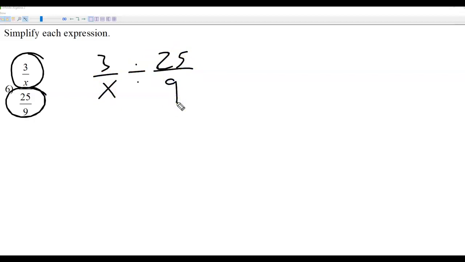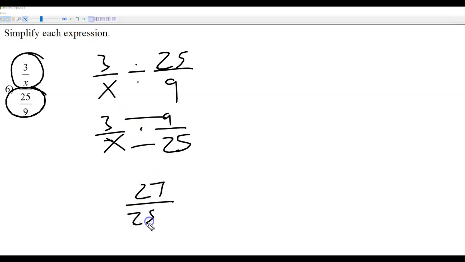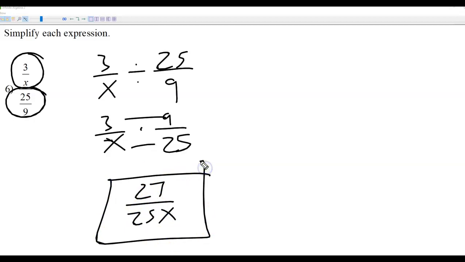After that, you're going to follow the steps for division, which are keep, change, flip, factor, which in this case we're dealing with monomials, so there's no factoring for this one. And then we just go ahead and multiply straight across, and what we're going to end up with then is 27 over 25x, and nothing reduces there, so we're good to go. But don't forget, when it comes to monomials, if you can reduce the fraction, go ahead and do so.